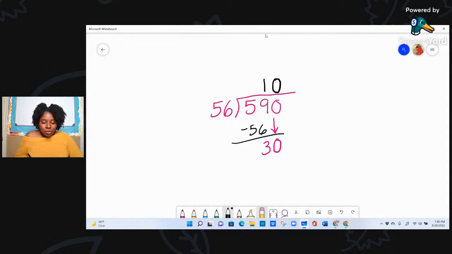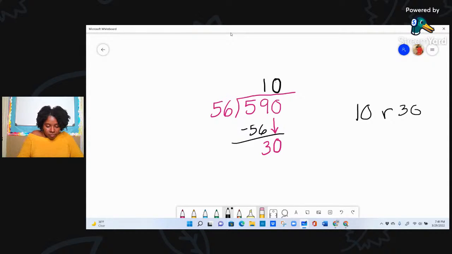What can I do? There are 2 ways to do this, right? If you are in elementary school and you haven't done decimals yet, then you would just roll with this remainder. We would stop here and say 10, remainder 30.